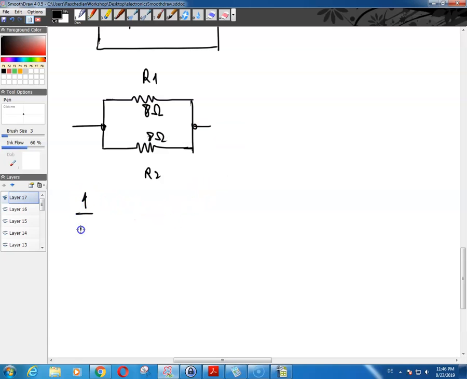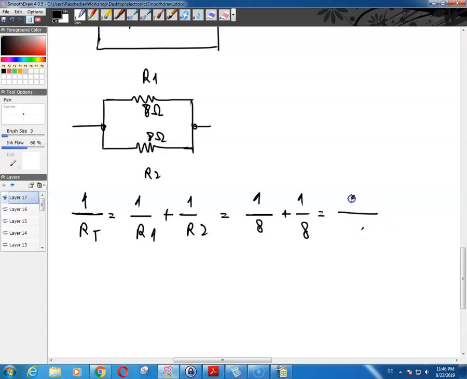So 1 over R of T again is equal to 1 over R1 plus 1 over R2, which is equal to 1 over 8 plus 1 over 8, which is equal to 2/8, which is equal to 1/4. So 1 over R of T is equal to 1/4. That means that R of T is equal to 4 ohm.